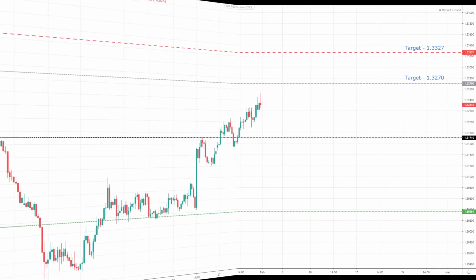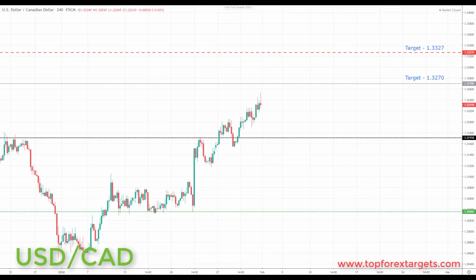So the next market we're going to look at is US dollar CAD. Now we start the week above a key area of broken resistance from the past, looking to turn support at the 1.3171. We highlighted the 1.3270 as a target to look for last week, and we started the week here and we came all the way up very close to it, haven't achieved it just yet.